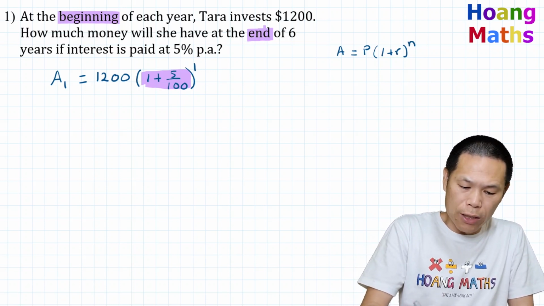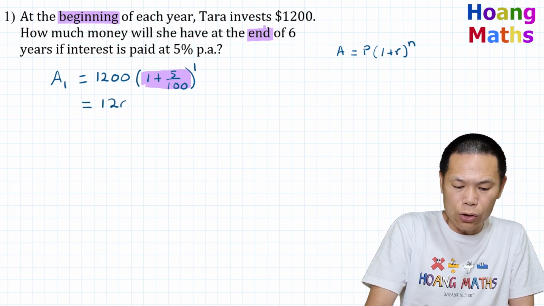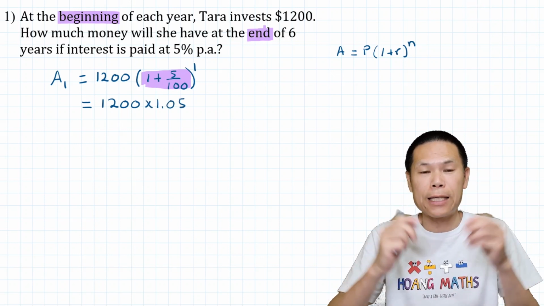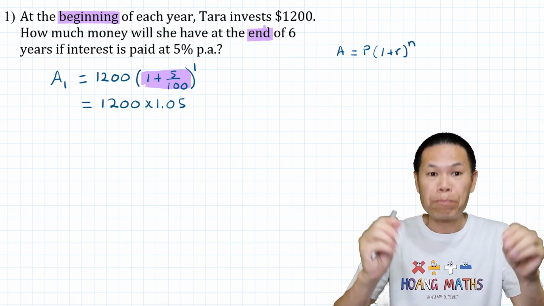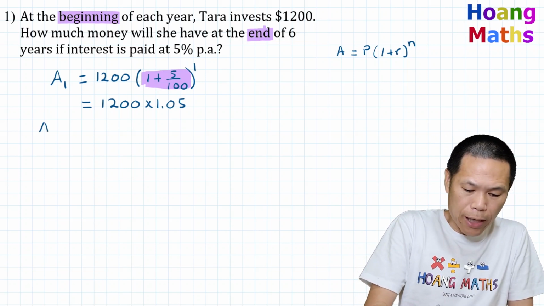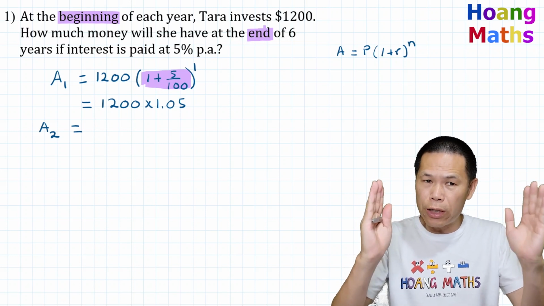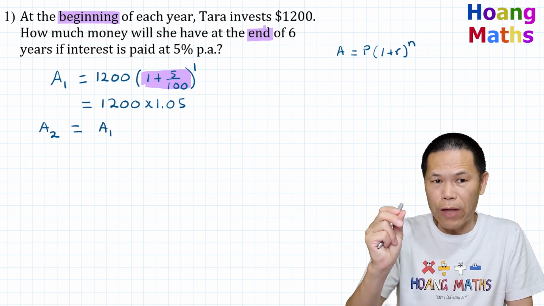So let me just rewrite this. A1 is equal to 1,200 times 1.05. That is how much you have at the end of the first year. At the end of the second year, of course, you have some money in the bank already from the first year. So the first year is A1, and she gets interest on top of that as well.